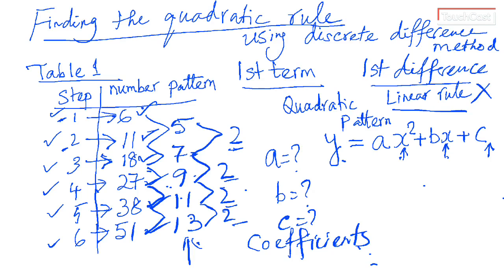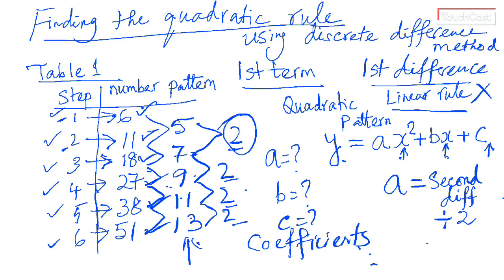Our job is to find the values of a, b, c. One simple thing you can remember is that a is always half of the second difference, which is 2 divided by 2, giving you 1.